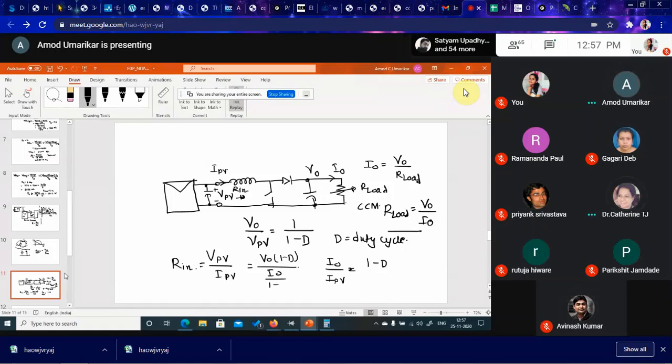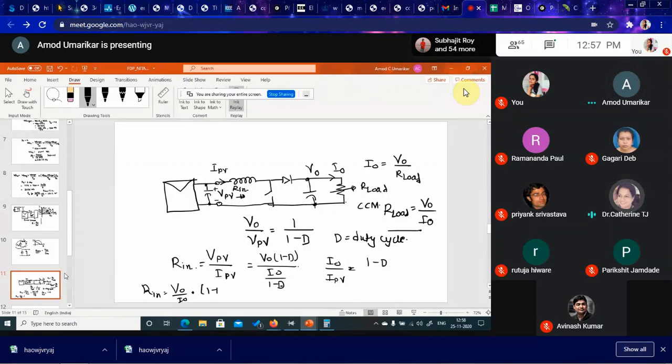I0 by 1 minus D. Correct. So what will be R in? V0 upon I0 into 1 minus D, the whole square, which is nothing but R multiplied by 1 minus D whole square. Correct. So RL into 1 minus D whole square is nothing but R in.